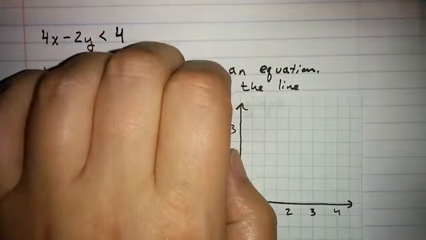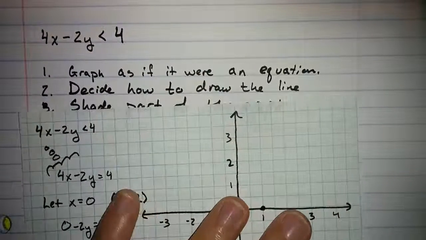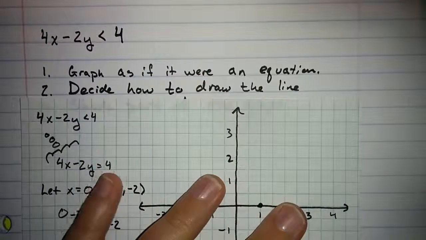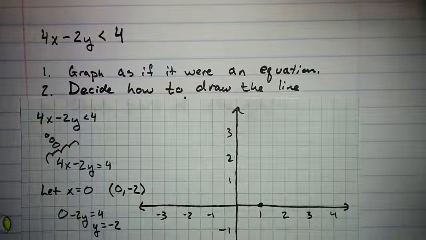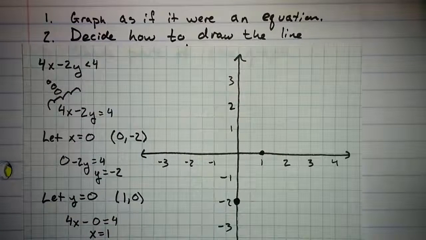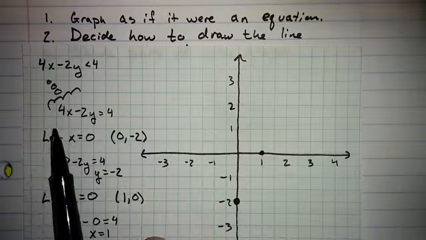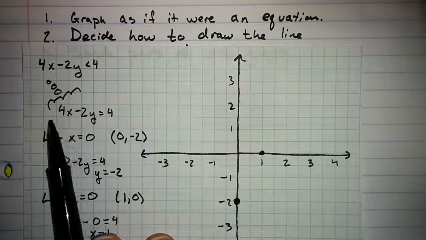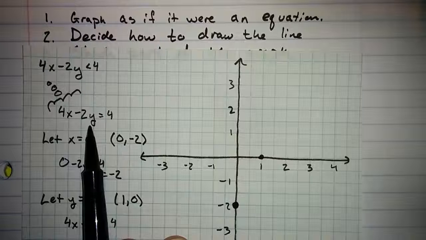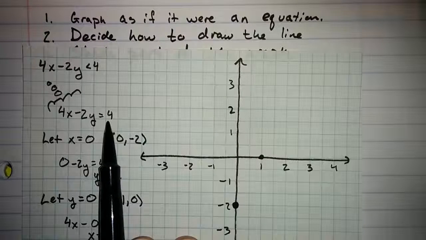Now I need to decide how to draw it. My goal here is to have a picture that shows all of the points that make this inequality true. Do points right on the line make this inequality true? Remember, at points right on the line, 4x minus 2y equals 4.